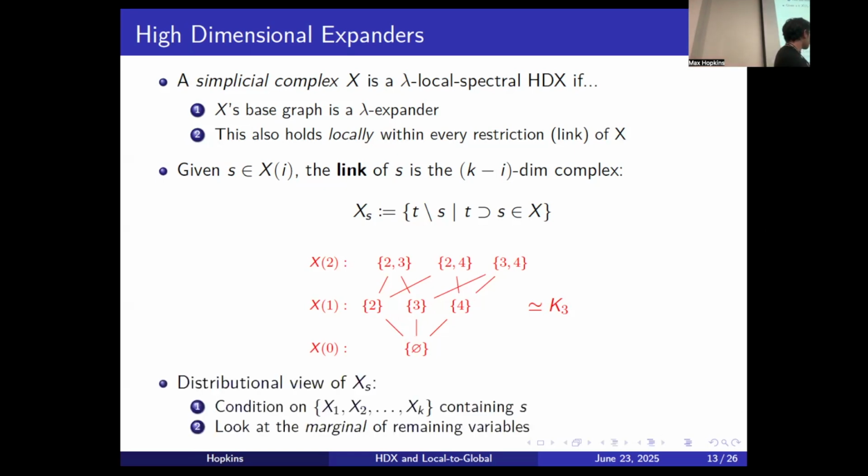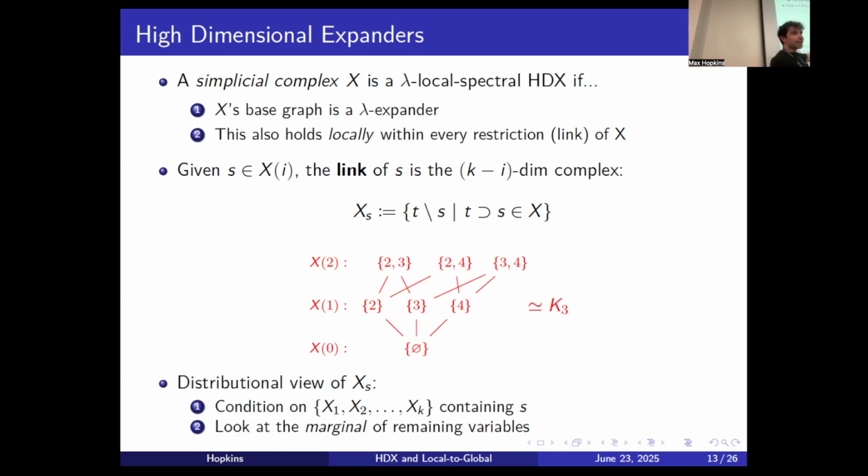OK. I also want to give a distributional view of these links, which is very useful in practice when you're actually working with them. These are basically just conditional distributions. What am I doing? Remember, we had this view of the k hyperedges as a k-dimensional variable. All that I'm doing is saying condition on this variable containing S. Say that morally, the first i values in here give me the face S. That's this first step right here: look at everything that contains S. And then I marginalize.